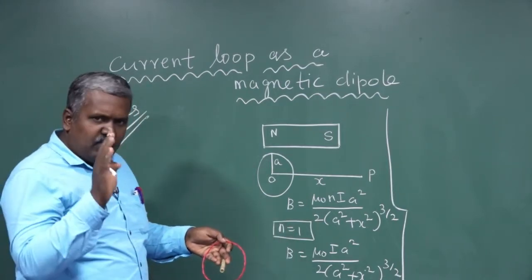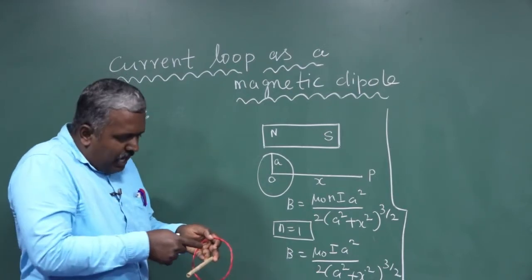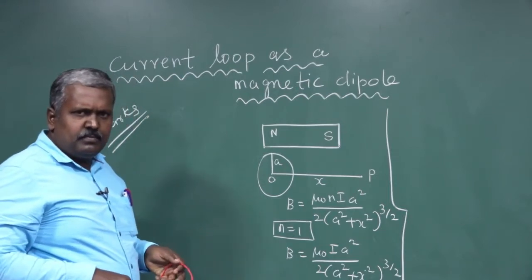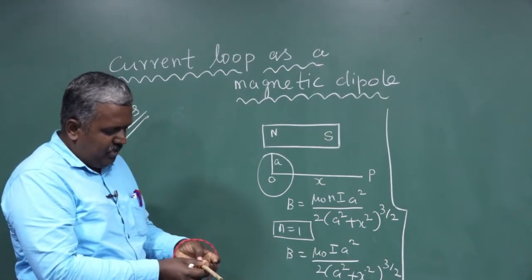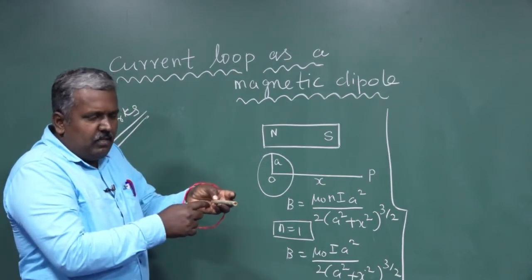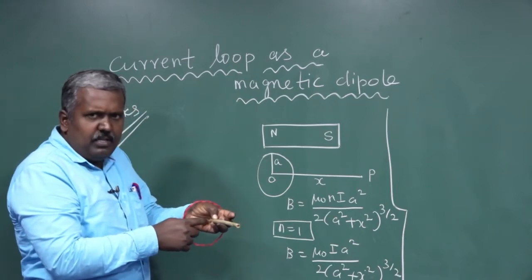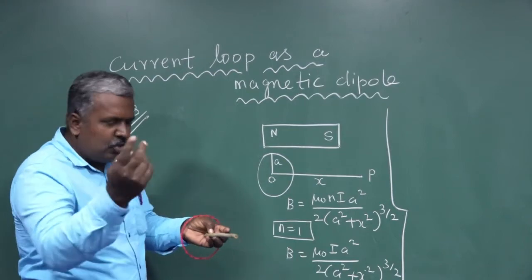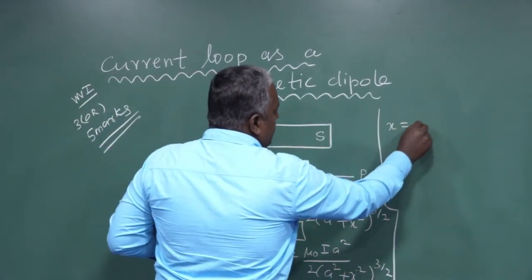Suppose what will be the field value, that means magnetic field value at the center of the circular coil or loop? Think and say. At the center of the circular coil, at this point, x is equal to 0, very good. X is equal to 0.